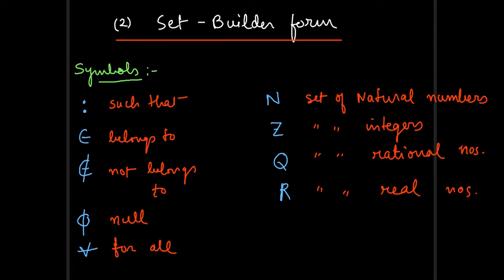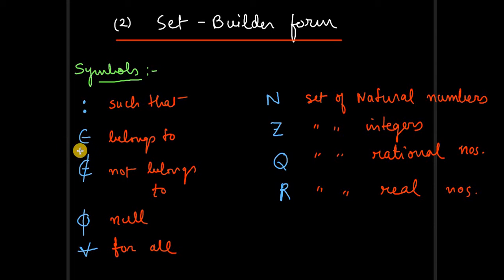Now going ahead to set builder form. But before knowing set builder form, we need to know certain symbols to know how we can write the set in set builder form. The first symbol is this colon, which is known as such that. We will go into more detail in further examples, but right now we are just going through the names of the symbols.